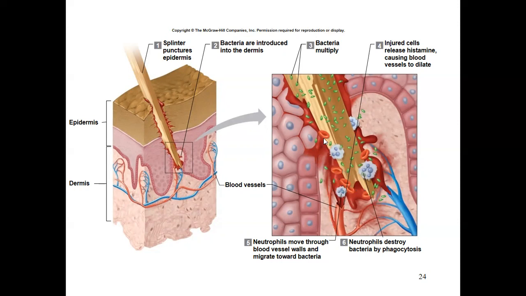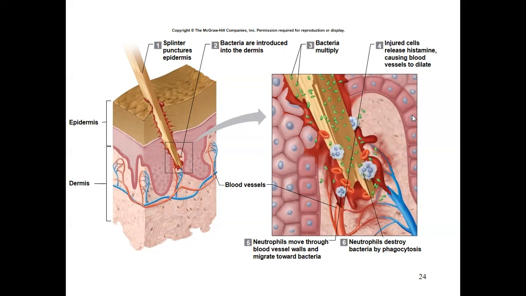You have white blood cells and platelets also in the area. The platelets are going to help to eventually close off this damage so that you're not bleeding out. White blood cells are going to continue to gobble up these bacterial cells. You have the injured cells here that will release histamine.